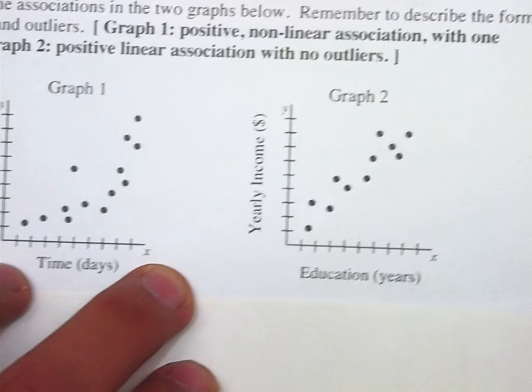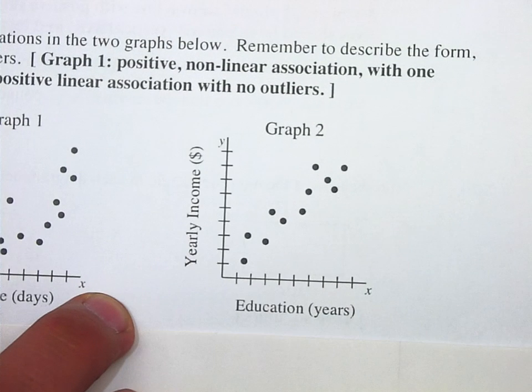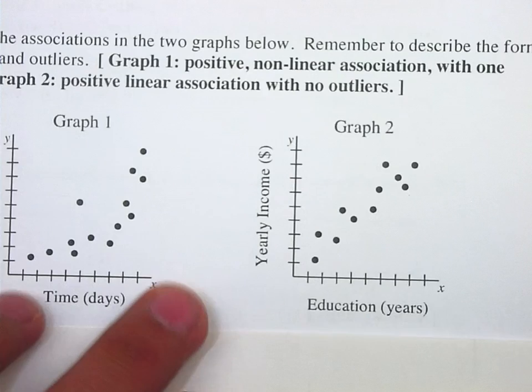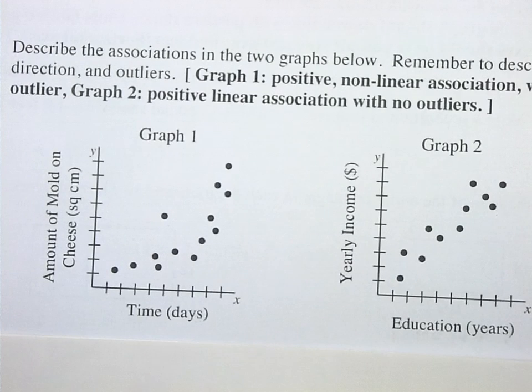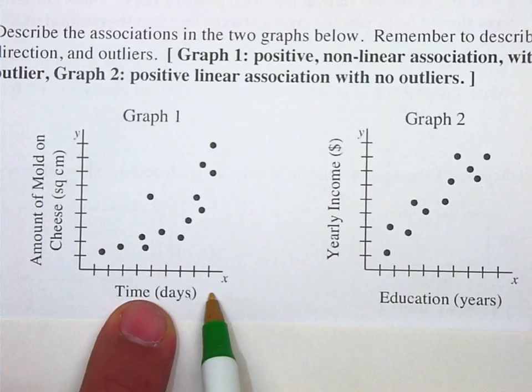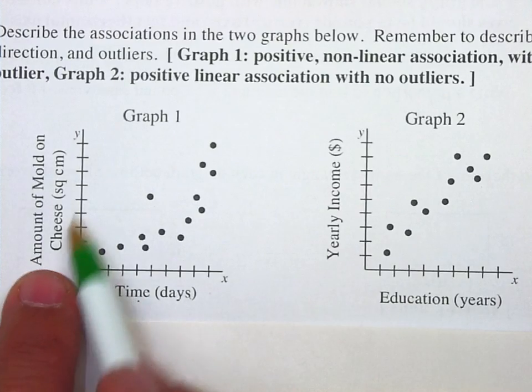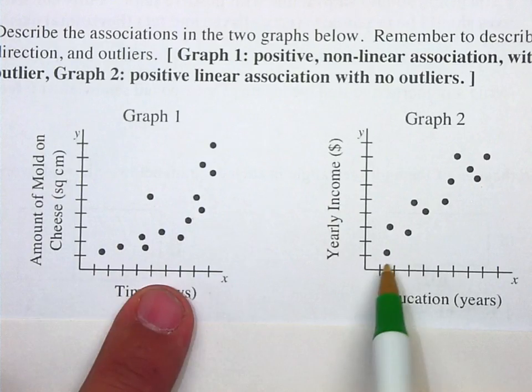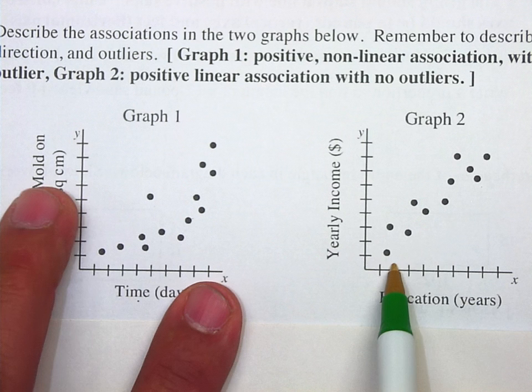What about B? I mean, graph 2. What about graph 2? What this says is that as the days increase, the amount of mold on cheese also increases, right? And graph 2, if you look at it, is more of a linear.